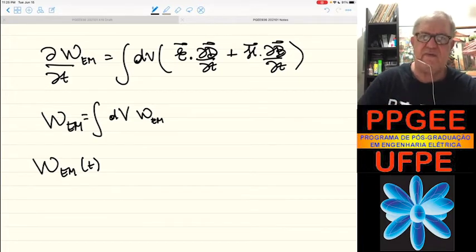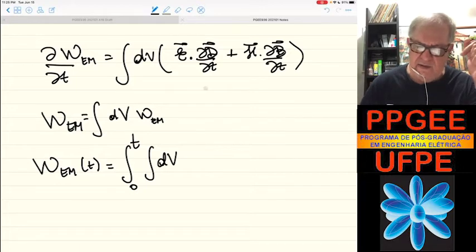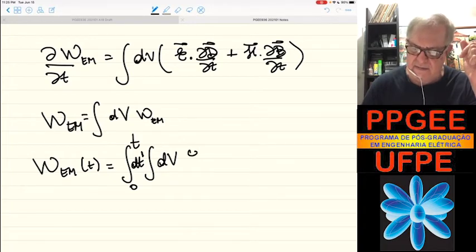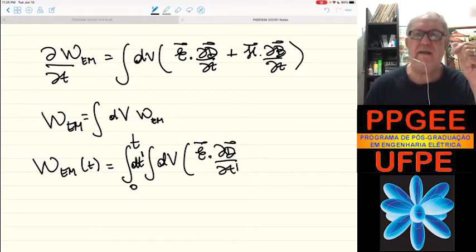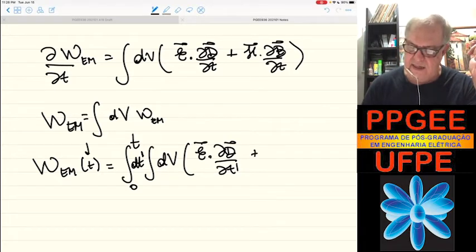So until time t, this is going to be equal to the integral from 0 to t of the volume integral, with a dt prime here. Then we have E dot dD/dt prime. Prime is a variable, and t is a fixed parameter. Plus H dot dB/dt prime.